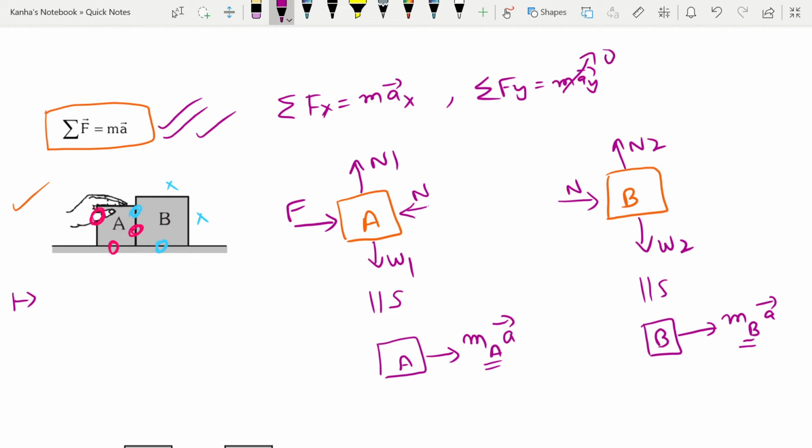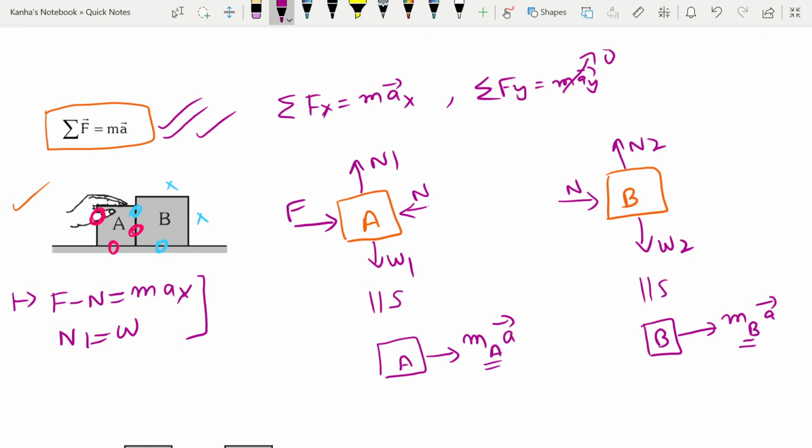So my first equation for the x direction is F minus N is equal to M ax, and in the y direction I have N1 is equal to W. This is for my block A.